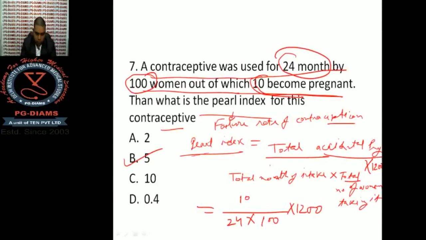The only thing you need to remember is this formula: total accidental pregnancy divided by total months of intake, multiplied by the total number of women taking the contraceptive, into 1200. Simple.